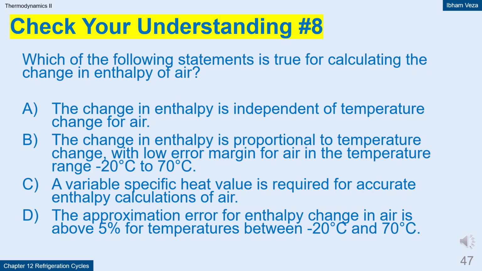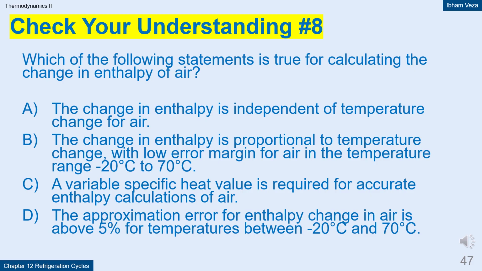B. The change in enthalpy is proportional to temperature change with low error margin for air in the temperature range minus 20 degrees Celsius to 70 degrees Celsius. This is the correct answer, as the change in enthalpy for air is indeed proportional to temperature change, and the approximation error is below 0.5% in the specified temperature range. C. A variable specific heat value is required for accurate enthalpy calculations of air.